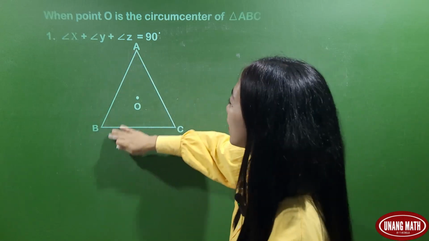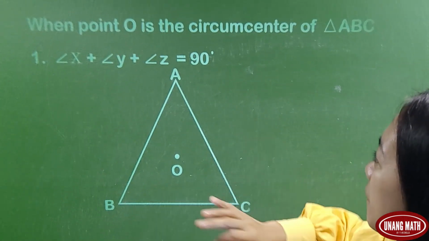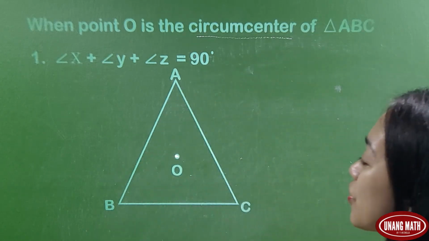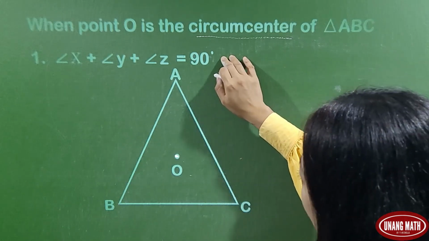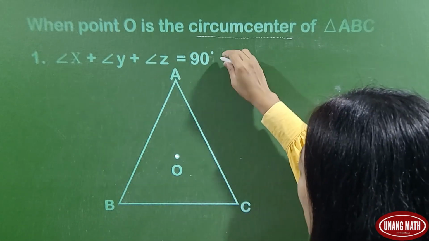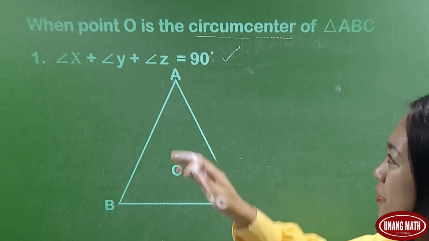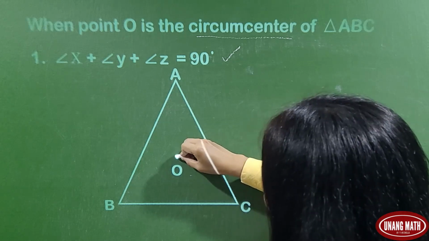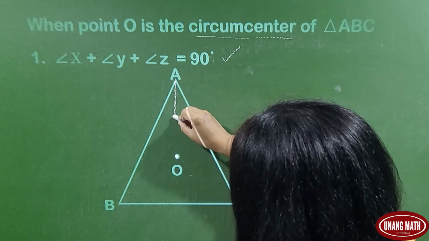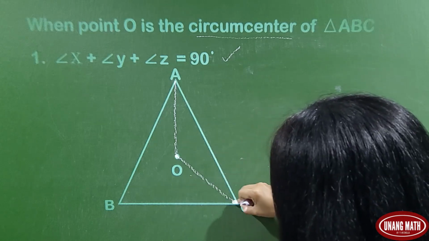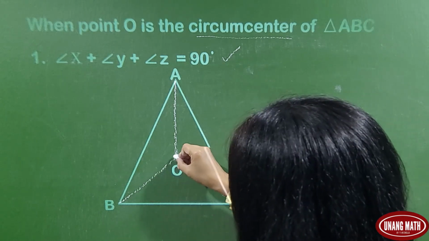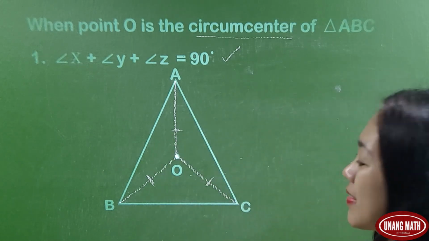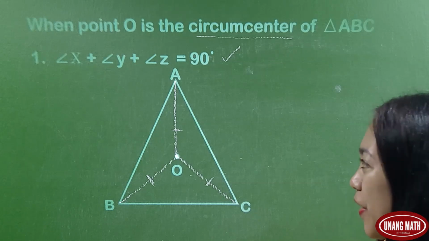Take a look at this triangle ABC. Point O is the circumcenter of this triangle. We have here angle X plus angle Y plus angle Z is equal to 90 degrees. Let me explain this concept. We already know that from point O, the circumcenter, to each vertex, these three segments are equal in length.